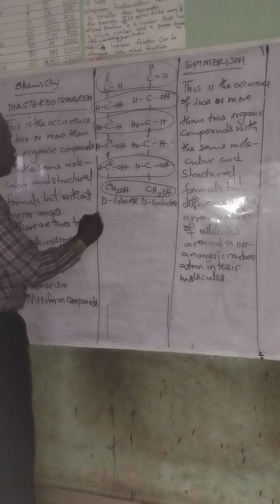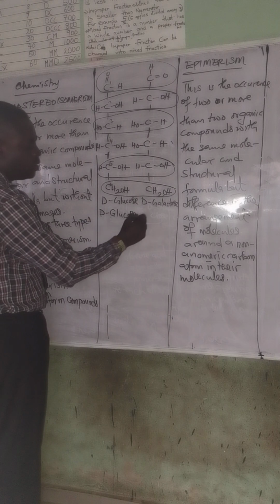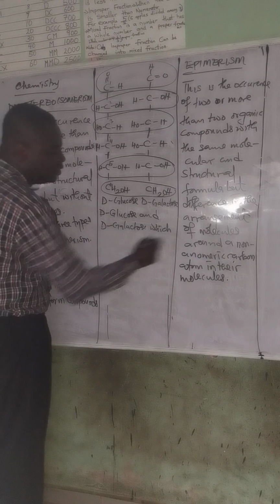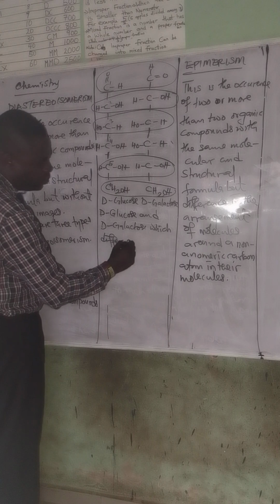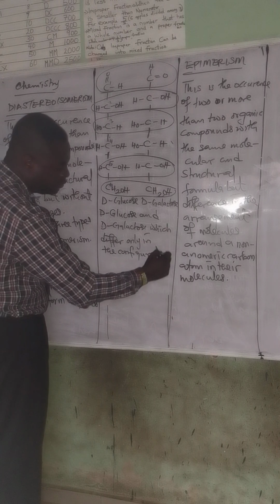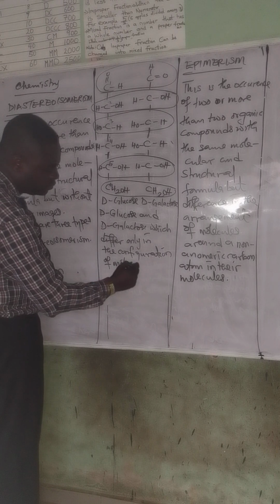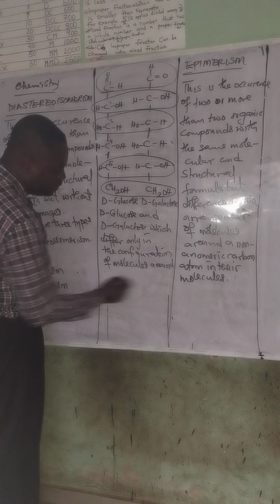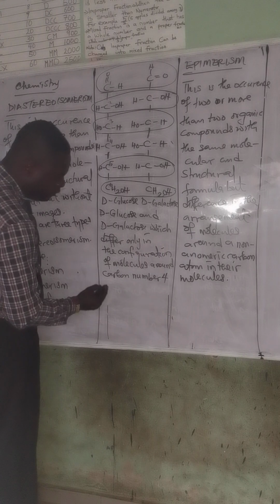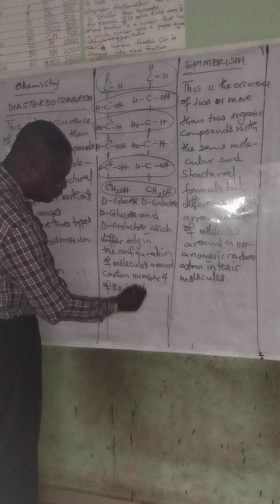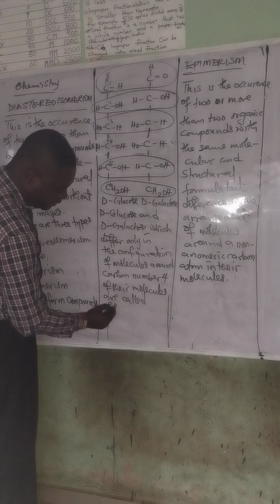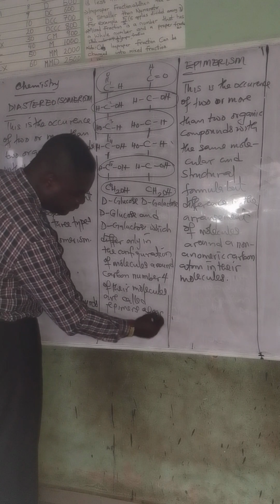So they differ. So we now say D-glucose and D-galactose, which differ only in the configuration of molecules around carbon number 4 of their molecules, are called epimers of each other.